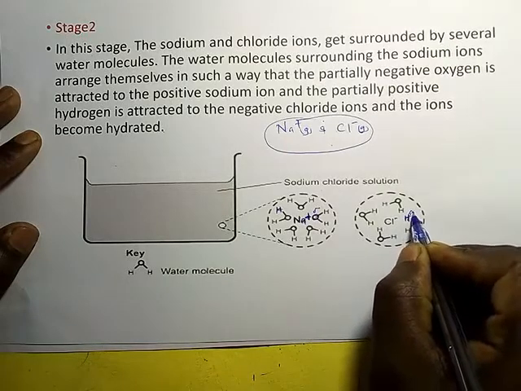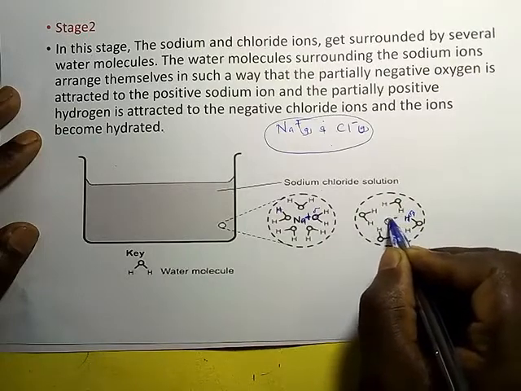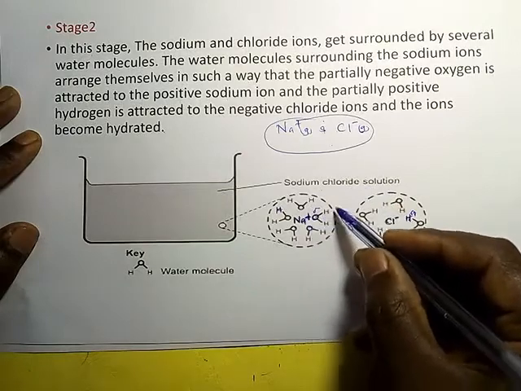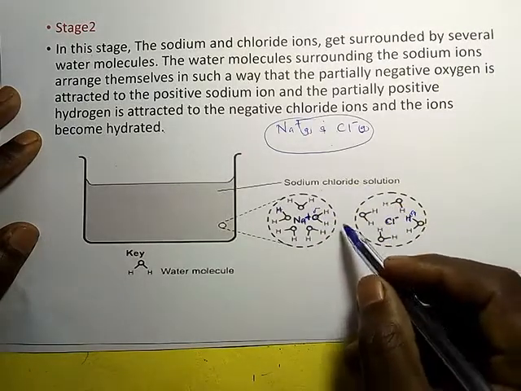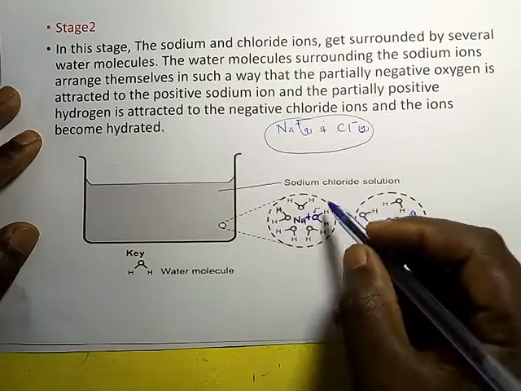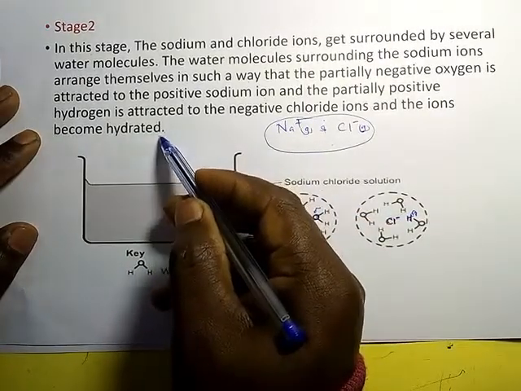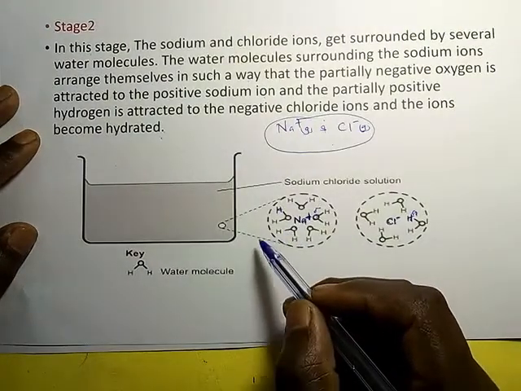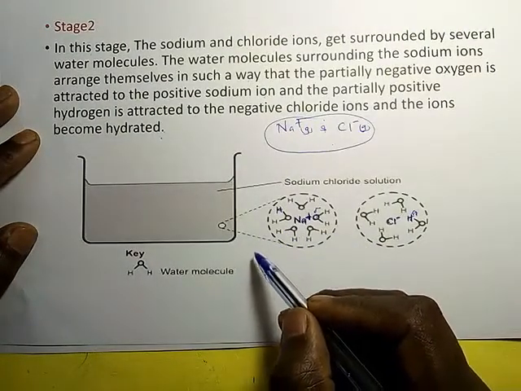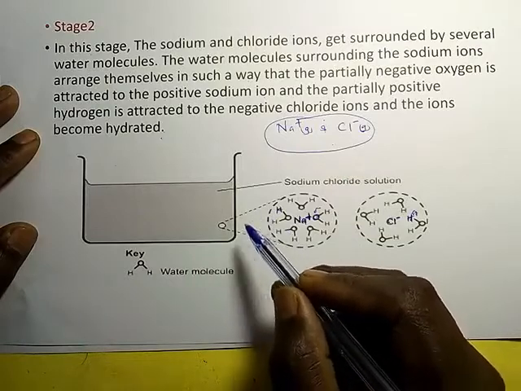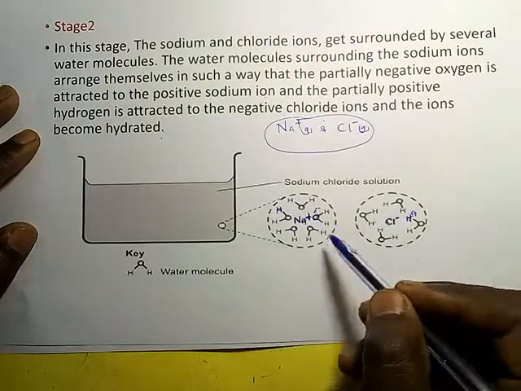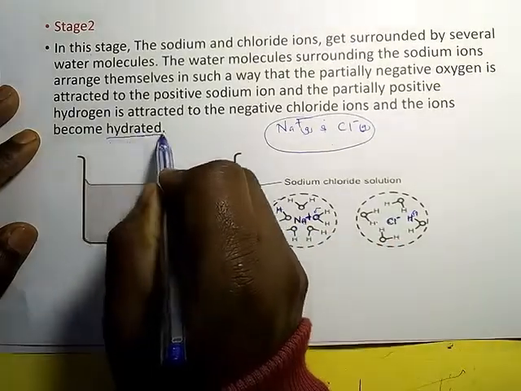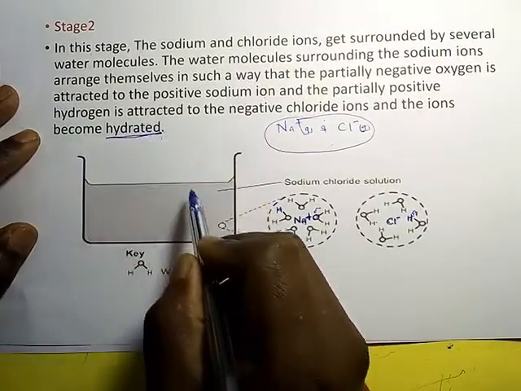So hydrogen is positive and the chloride ion is negatively charged. Therefore, the water surrounds the ions in this way, and then the ions become hydrated. If you jump into a swimming pool, you go deep into the water, you are covered by water, you become hydrated. So these ions, now covered by water, become hydrated. So we have talked about the second term, hydration.